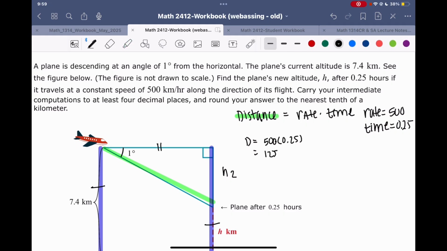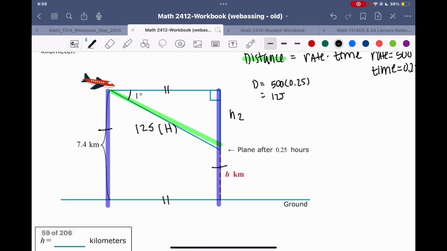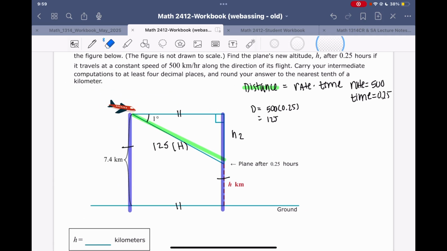So this is 125, which is also your hypotenuse. So let's go ahead and determine what H2 now means. So that's part 1. And now we're going to determine H2.